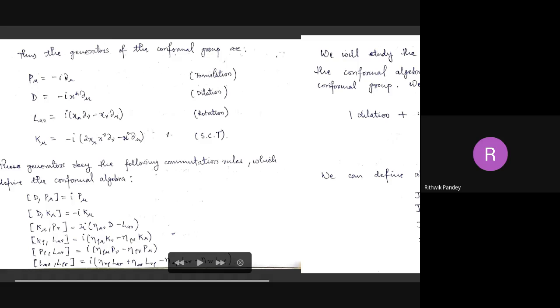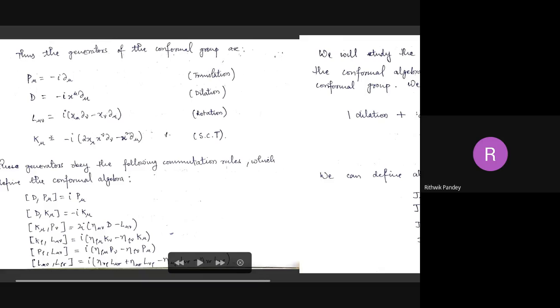The generator of translations is minus i del mu. We know that the generator of dilations is minus i x mu del mu, and the generator of space-time rotations is also known to us: i times x mu del nu minus x nu del mu. But this is the new thing, the generator of the new transformation that we saw.